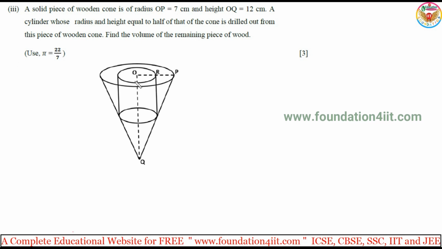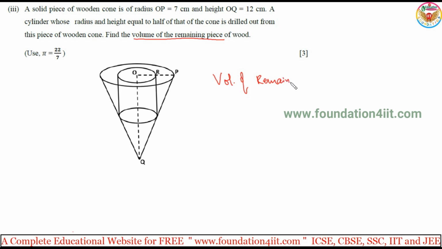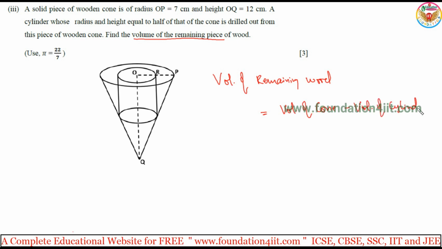Right? If it asks for the volume of the remaining piece, then the volume of the remaining solid or remaining wood is nothing but the volume of the entire cone minus the volume of the cylinder. The cylinder inside we should take out. That is the volume of the remaining wood.